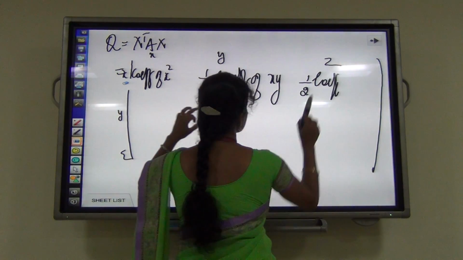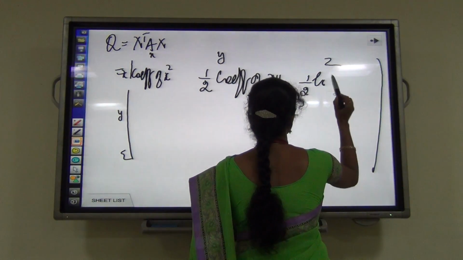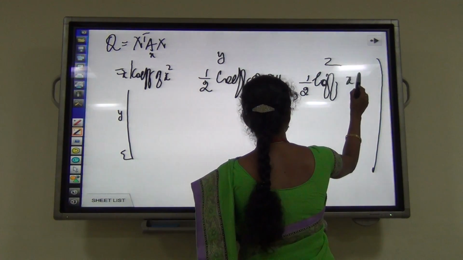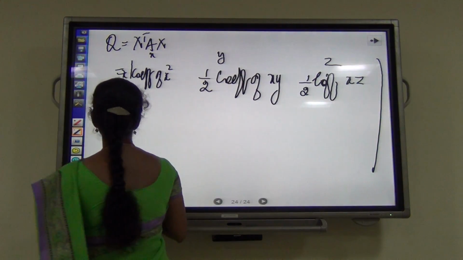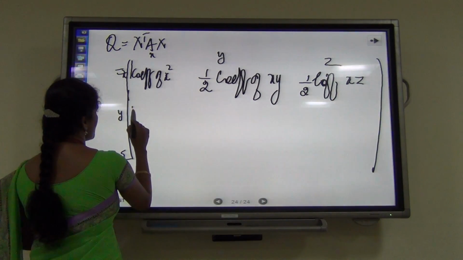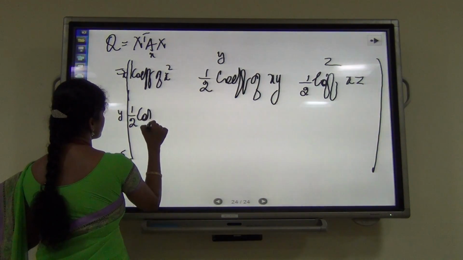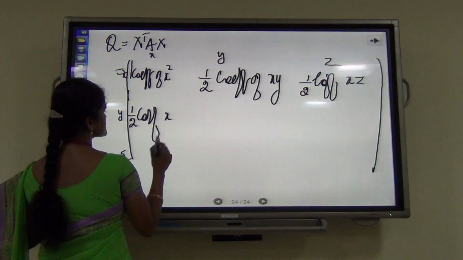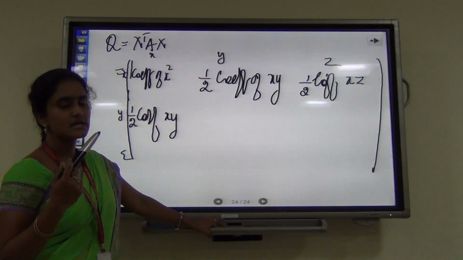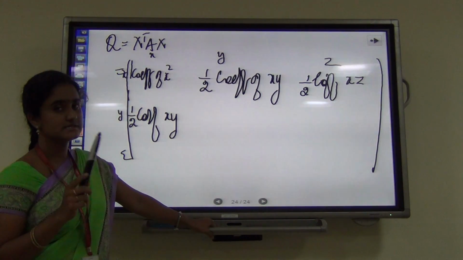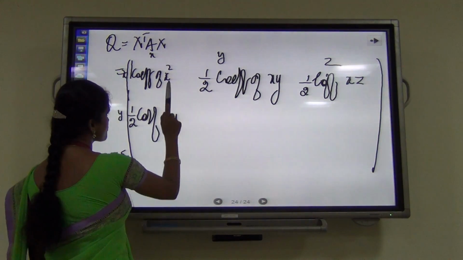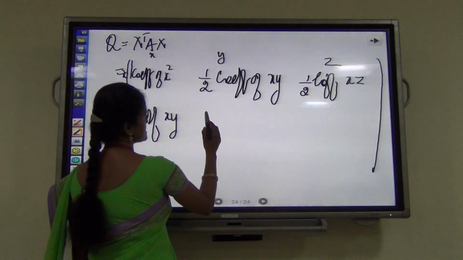It is the combination of x and z, so the coefficient of xz. Next, here it will be half coefficient of xy or yx; both will be equal. Here the orthogonal transformation is possible only for a symmetric matrix. That is very important. So half coefficient of xy and half coefficient of yx will both be the same.